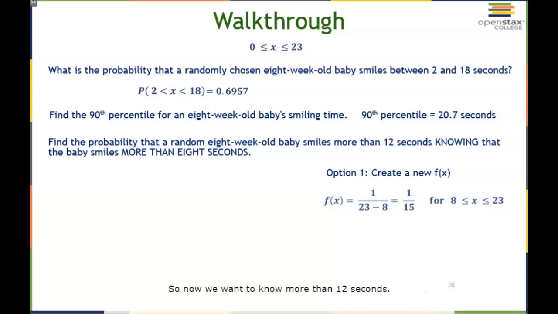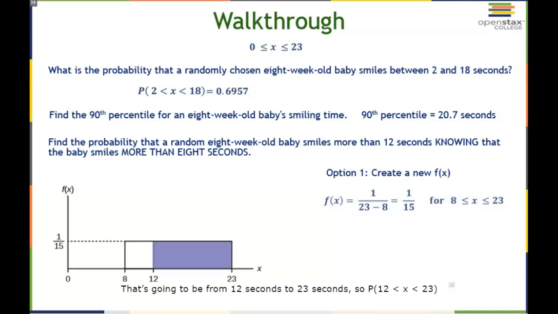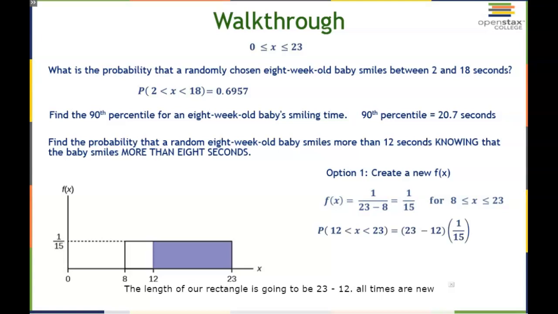So now we want to know more than 12 seconds. That's going to be from 12 seconds to 23 seconds. So the probability that 12 is less than x is less than 23. The length of our rectangle is going to be 23 minus 12, all times our new probability density function of 1/15.